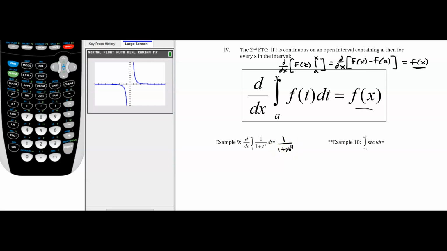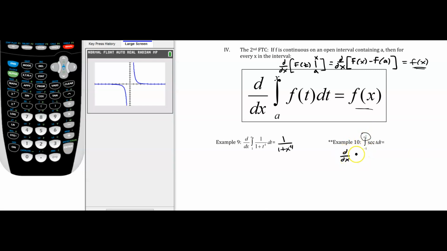But there's a lot of variations that you might see to the second fundamental theorem, things like example 10. Can you see in example 10, we have the definite integral of secant of t going from -1 to a function of x. So it's not as simple as doing what we did before where we said, oh, well, if we're taking the derivative, oh, and I notice that I'm actually missing the derivative notation there.